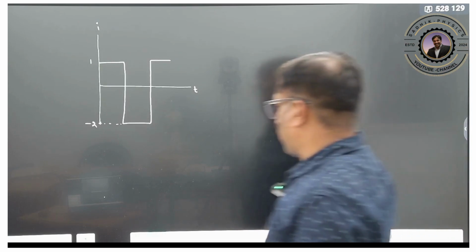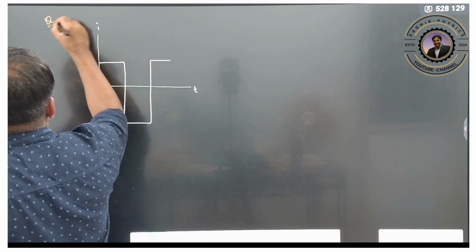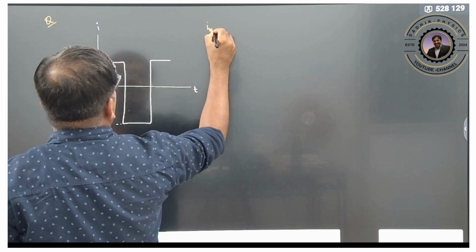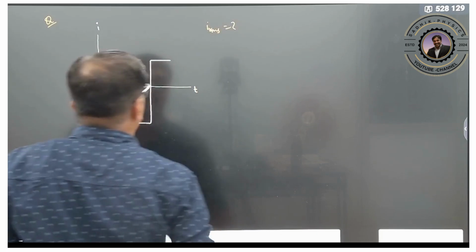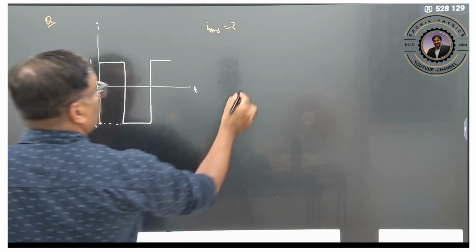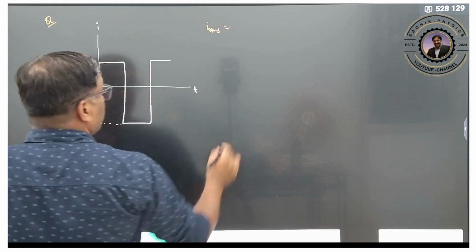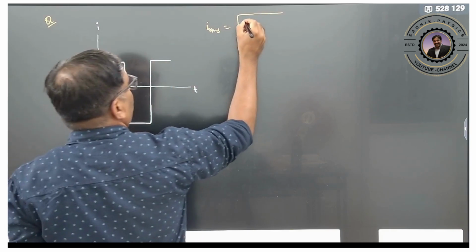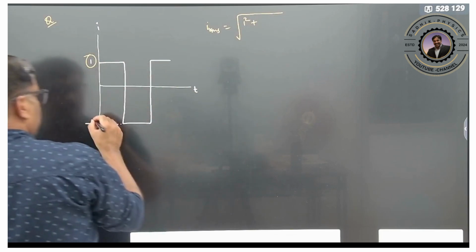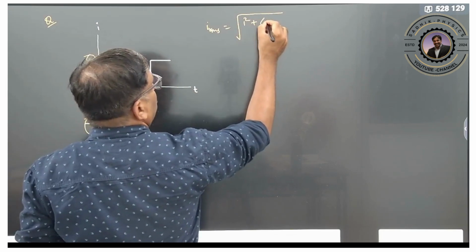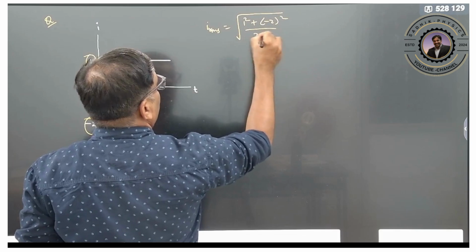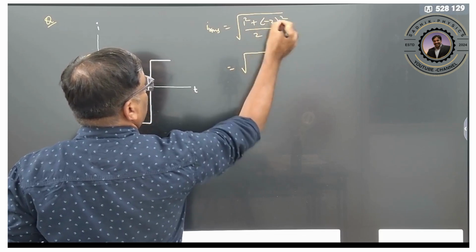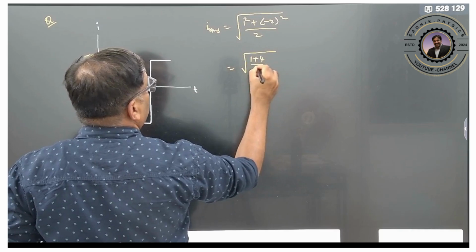Now here we want to calculate IRMS. What is that IRMS value? How to calculate it? Therefore here root. This value is 1, therefore 1 square plus this value is minus 2 whole square, divided by 2. How much? Therefore 1 plus 4 divided by 2.